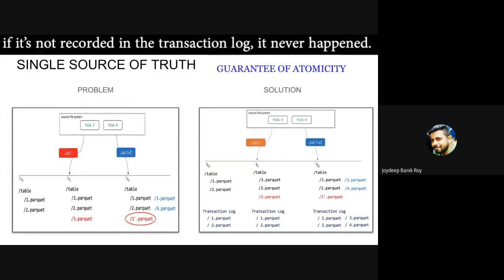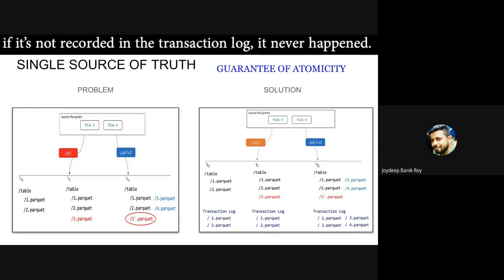This is what has been mentioned in multiple blogs on Delta Lake: if it's not recorded in the transaction log, it never happened. This is the guarantee of atomicity. Either it happens fully or it never happens at all. If it is recorded in the transaction log, it has happened; if it is not recorded, it has not happened.